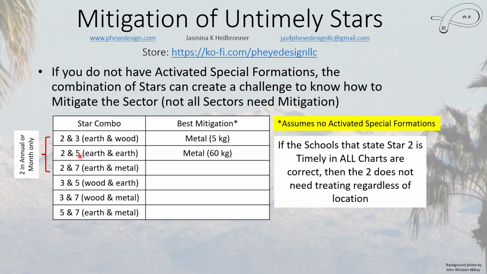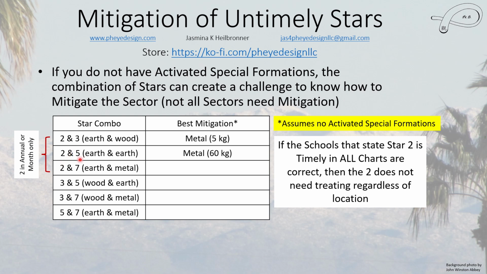Now, 2 and 5, this is actually why they say when you have the 5 yellow, which is simply the annual star 5, you put 60 kilograms in there. That's because all practitioners know that during certain months of the year, the month star 2 will come along with the annual star 5.